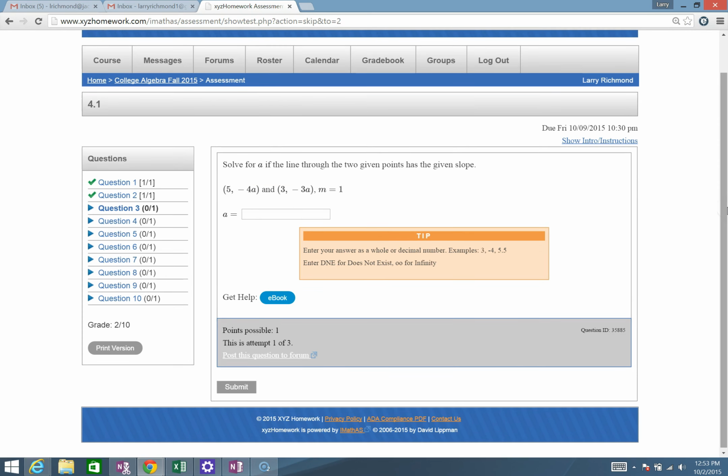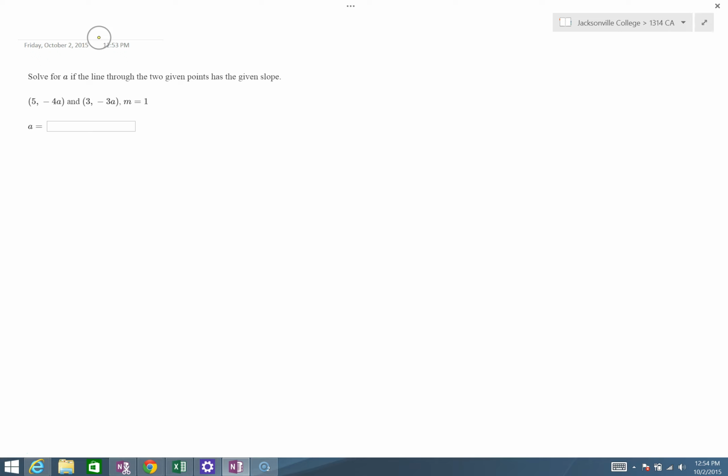More examples and one more note that we need to add. Solve for a if the line through the two given points has the given slope. We want to solve for this a in this case. Again, we will utilize our slope formula.